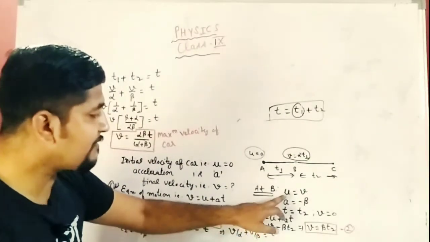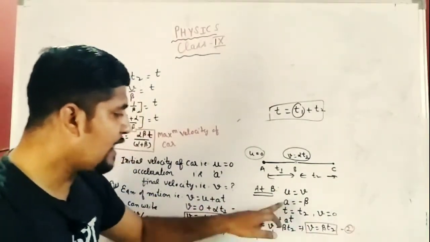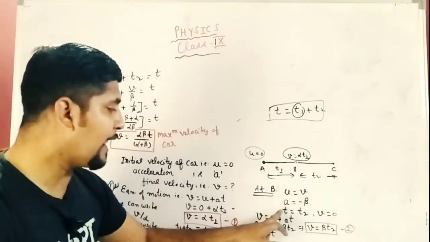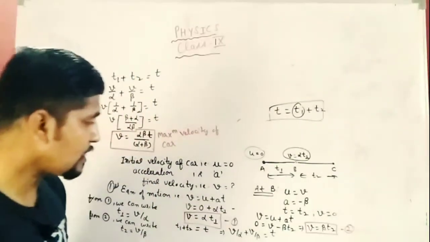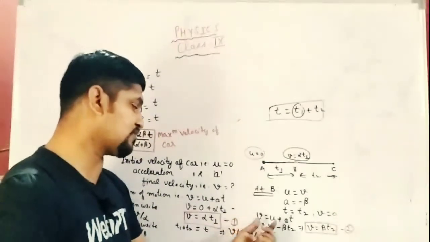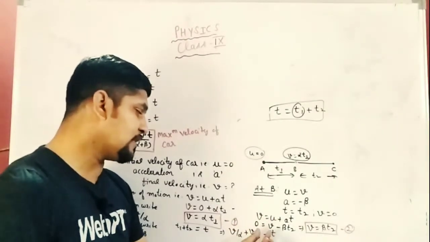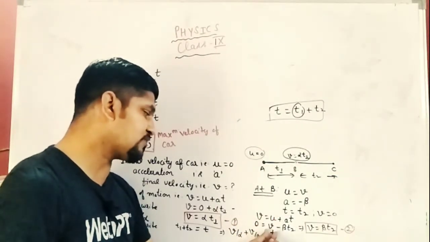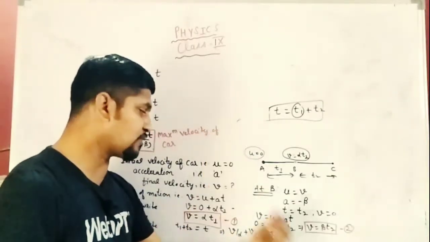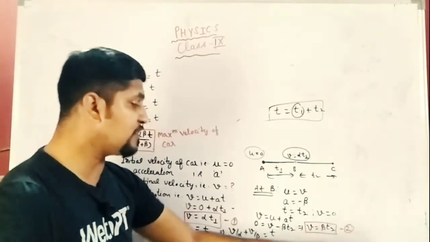So here we have initial velocity v, final velocity 0, acceleration minus beta, and time t2. So using equation of motion number 1, v is equal to u plus at: final velocity is 0, initial velocity is v, which is from the previous portion, minus beta t2. So v is equal to beta t2.